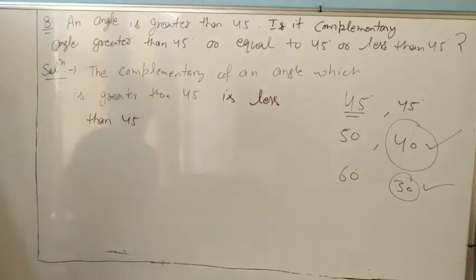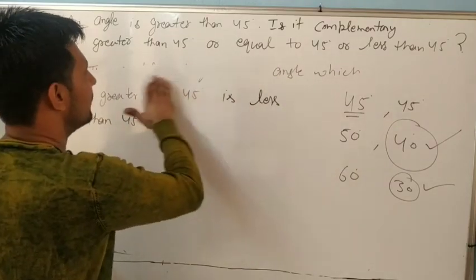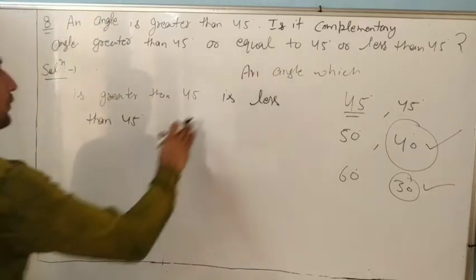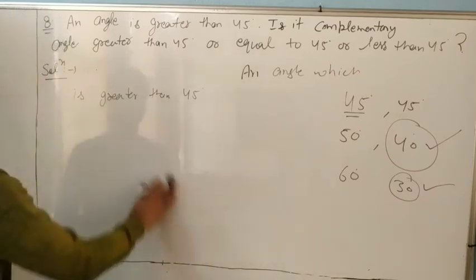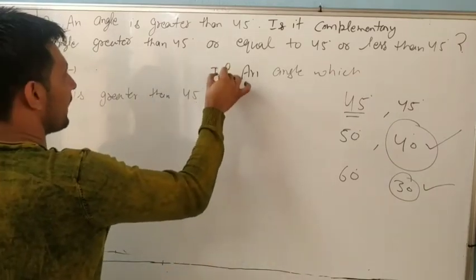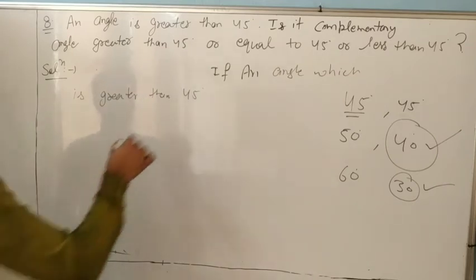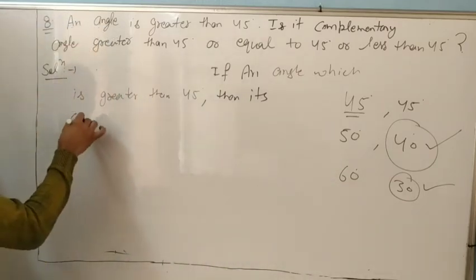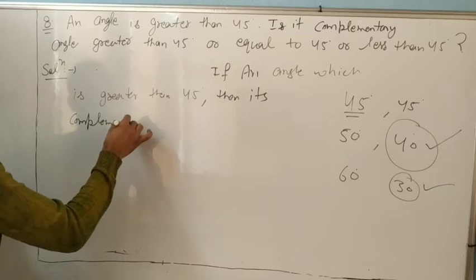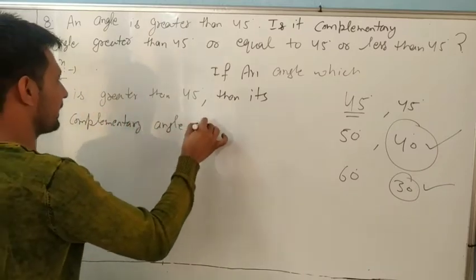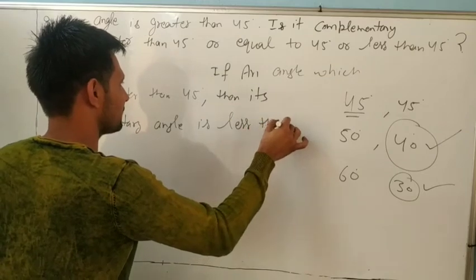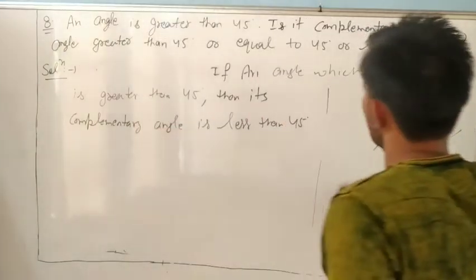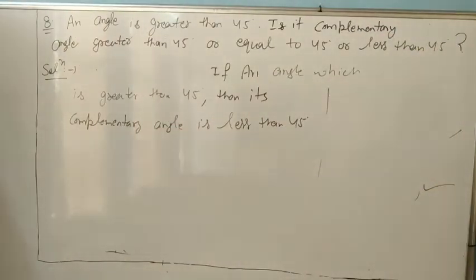Otherwise you can write: if an angle is greater than 45, then its complementary angle is less than 45 degrees. Okay dear, it is very simple. So please note it down.